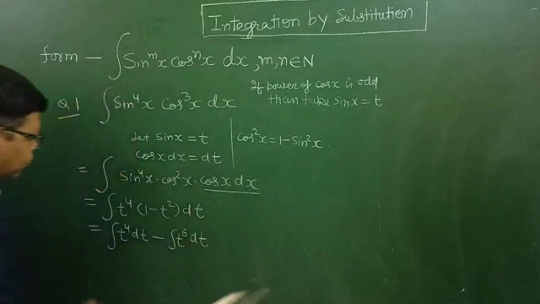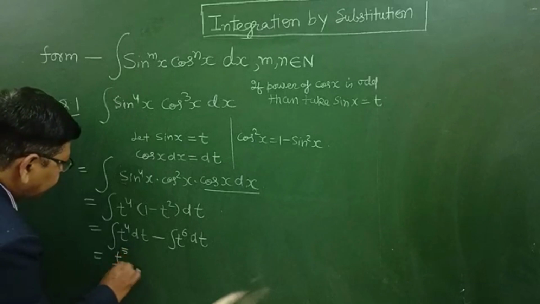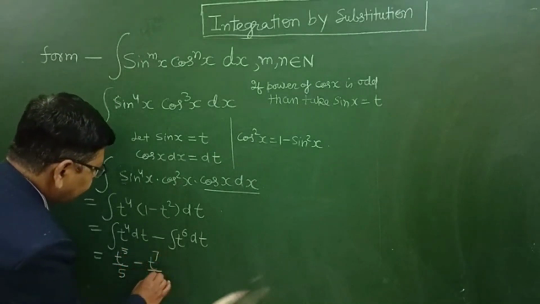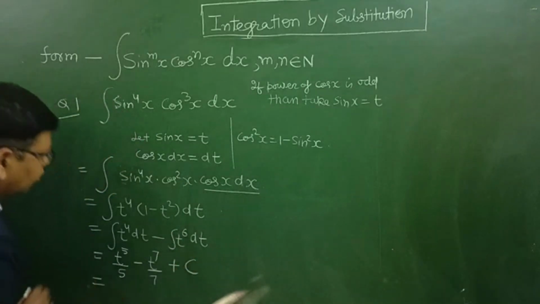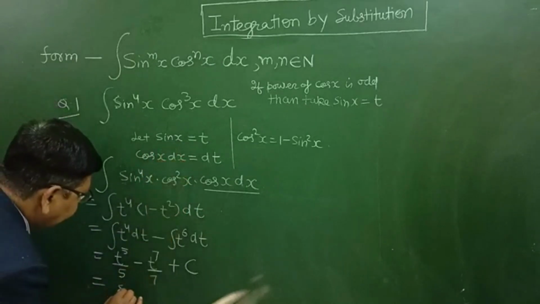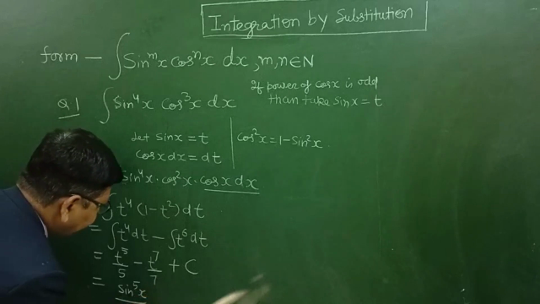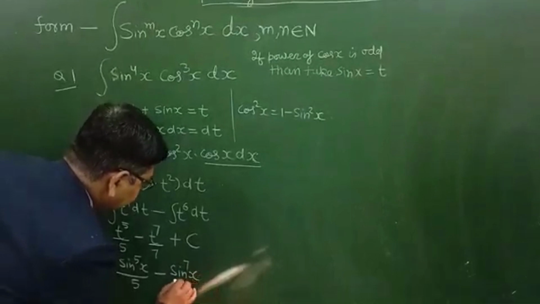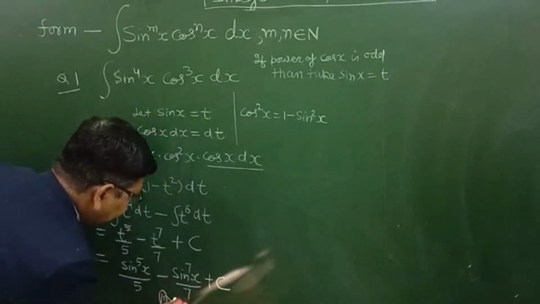By the x^n rule, this is equal to t^5 upon 5 minus t^7 upon 7 plus c. Putting the value of t, t is sin x, so it is sin^5 x upon 5 minus sin^7 x upon 7 plus c. So this is the final answer.